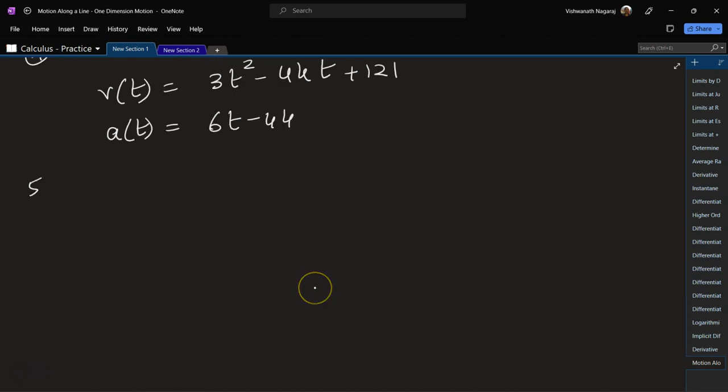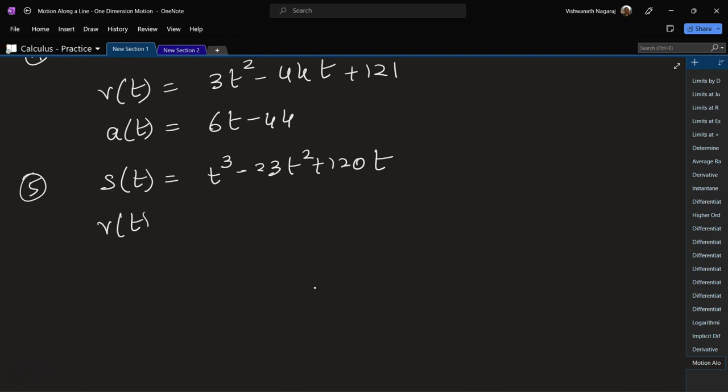Fifth one, s of t is given as t cube minus 23t square plus 120t. Velocity would be 3t square minus 46t plus 120, and acceleration would be given by differentiating v of t, that is 6t minus 46.